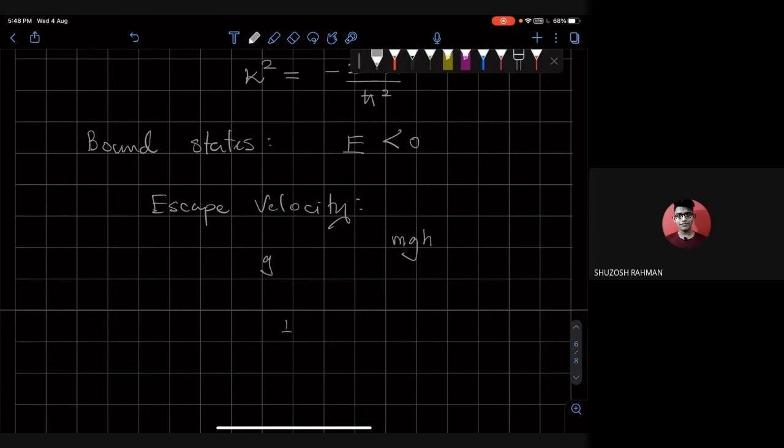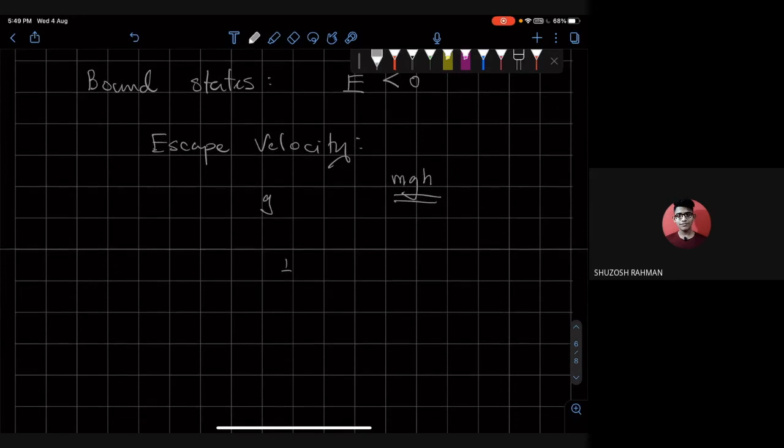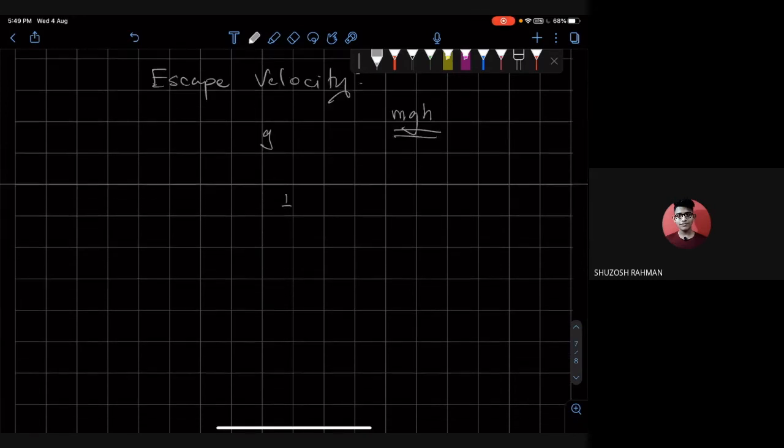Okay, so what is happening here? Sir, we used to equate the total energy. We used to equate what? Like the kinetic energy is equal to potential energy. Yeah, except here, so this is the moon, right?